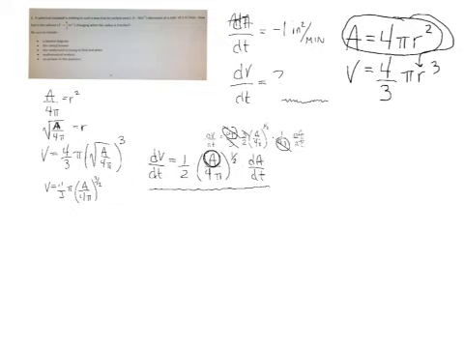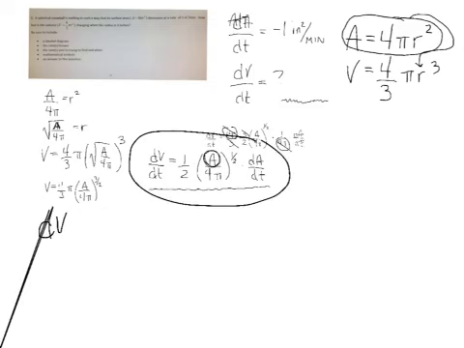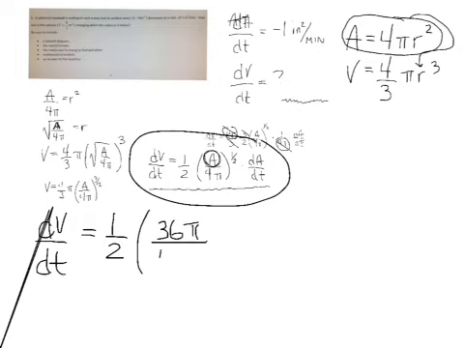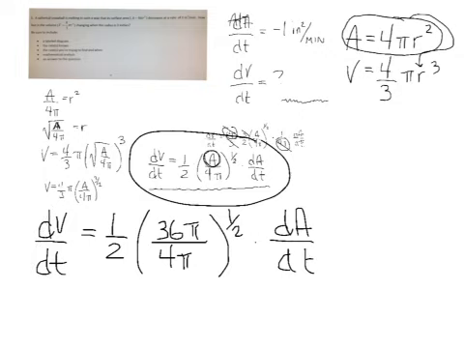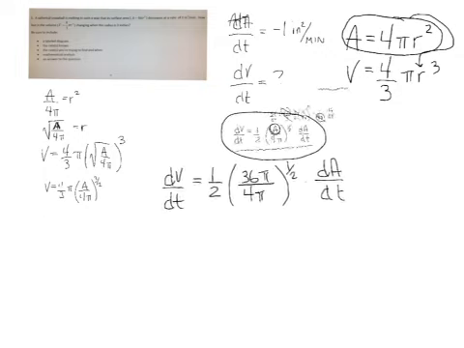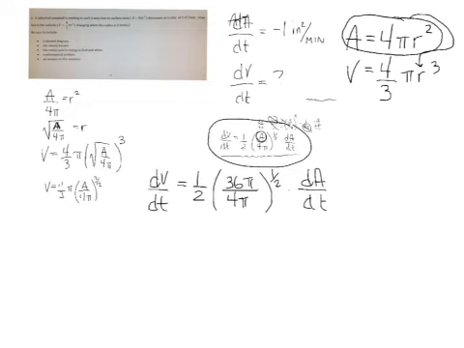Alright, so we're going to take 36 pi and put it into this equation right here. So dV/dt is equal to 1/2 of 36 pi over 4 pi to the 1/2 times dA/dt. Okay, well, we can do some cleanup now. I think that's pretty obvious, so let's do some cleanup. It's getting so small, I hope you can still see that.